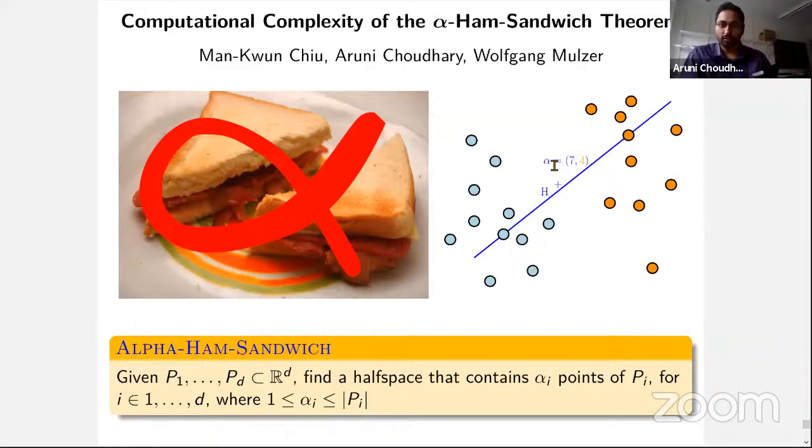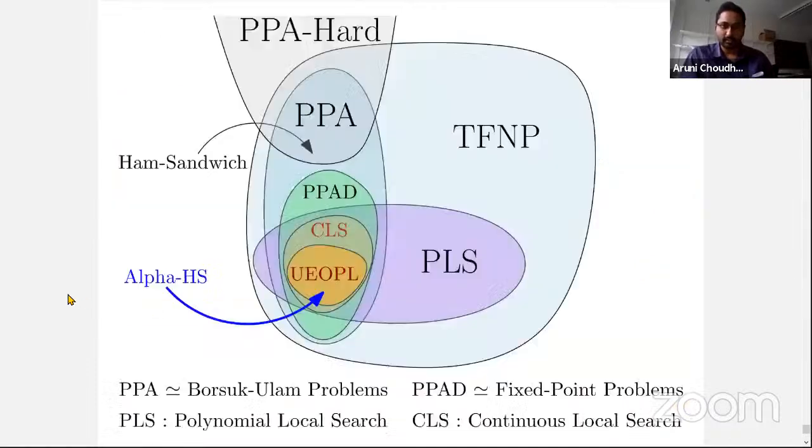So what we try to do is to place this problem into a complexity class. And this complexity class looks something like this. This is a bit of an eyesore, but here you see many complexity classes which are related to finding search problems.